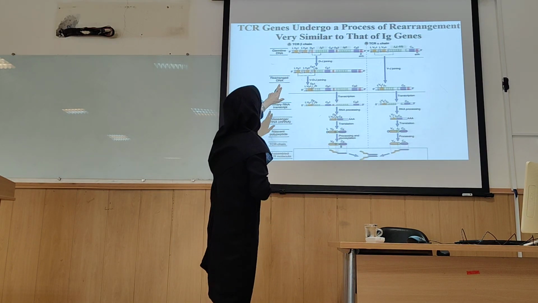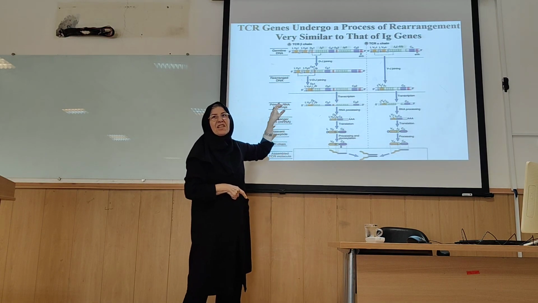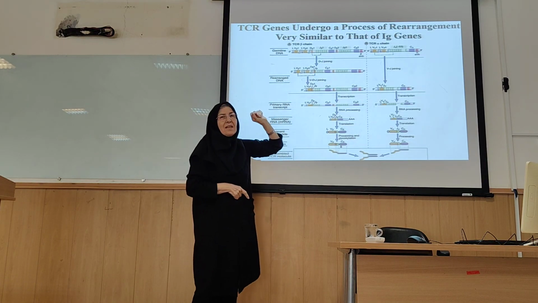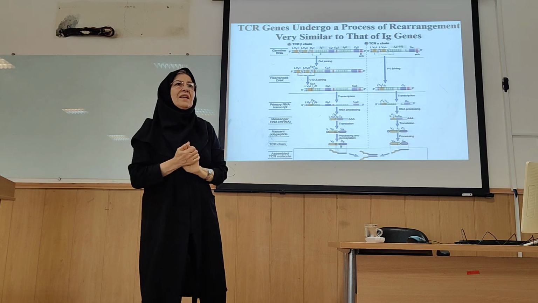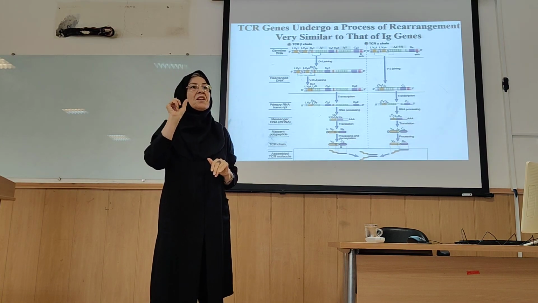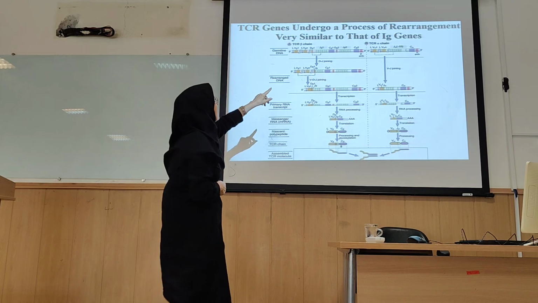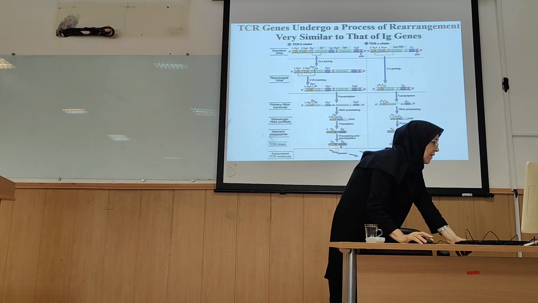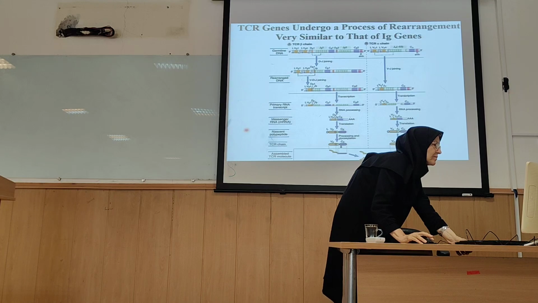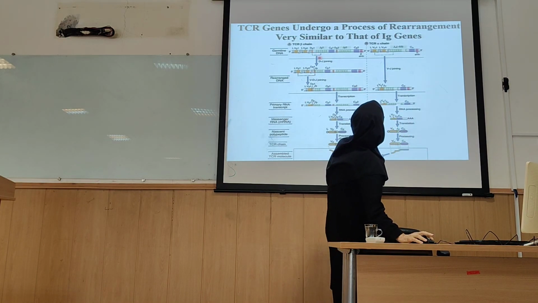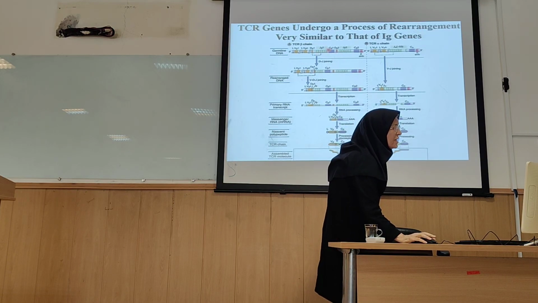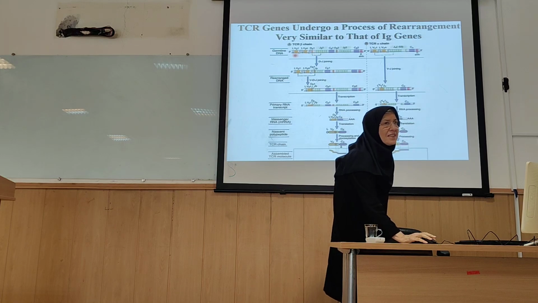The beta chain is similar to the heavy chain of antibody. And three different segments encode the variable region of the beta chain in TCR: J segments, D segments, and V segments.